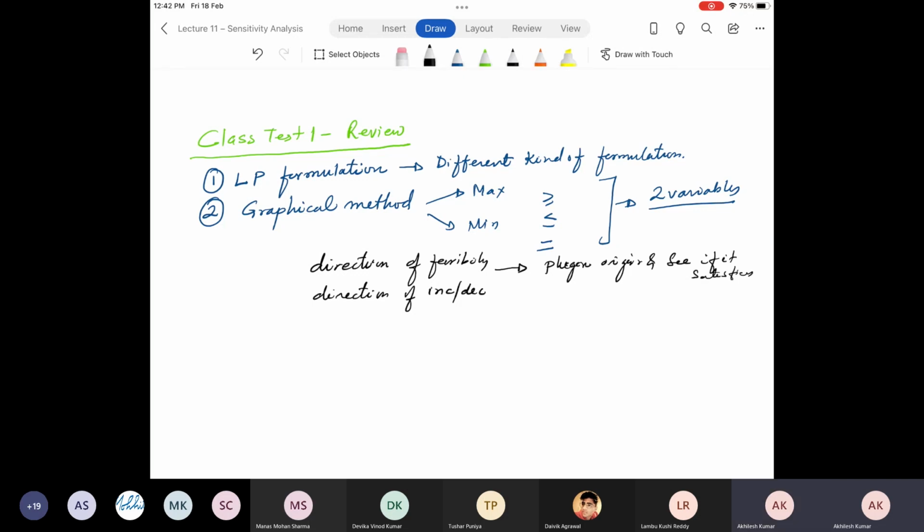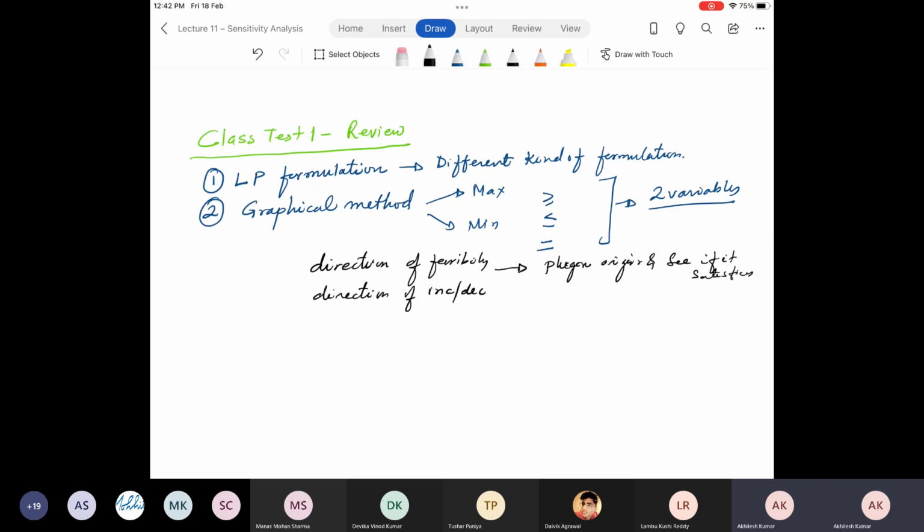So any constraint less than equal to or greater than equal to, plug in the origin 0, 0 and see if it is satisfying. If it is satisfying, the direction of feasibility is towards 0 or towards center. If it is not satisfied, direction of feasibility is away from your center origin.